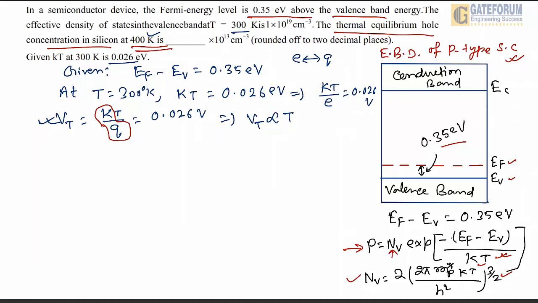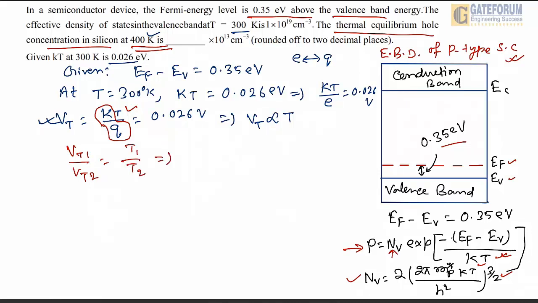So this K by Q is a constant value and is not depending upon the temperature. So this VT is depending upon the temperature. So VT is directly proportional to T. So we can write VT1 divided by VT2 is equal to T1 by T2.